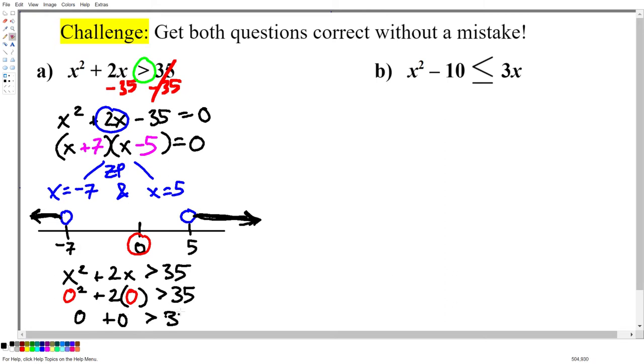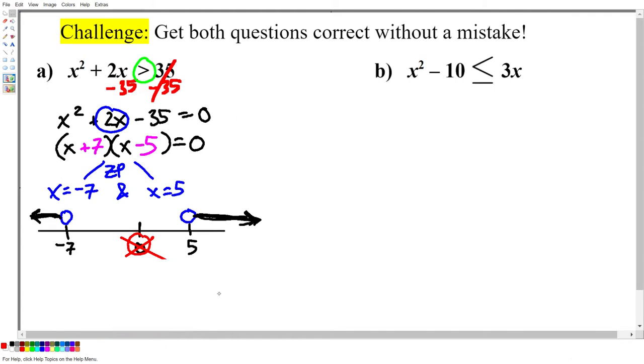Is that greater than 35? Absolutely not. So 0 is not a solution. In fact, anything here in region B, all of those numbers between negative 7 and positive 5 are simply not going to be solutions. So our final answer, yes, region A and region C will work. Since region B did not work, those other two regions must work.